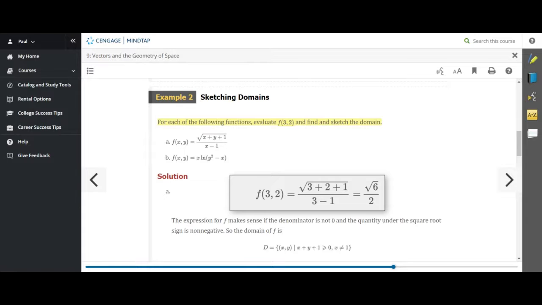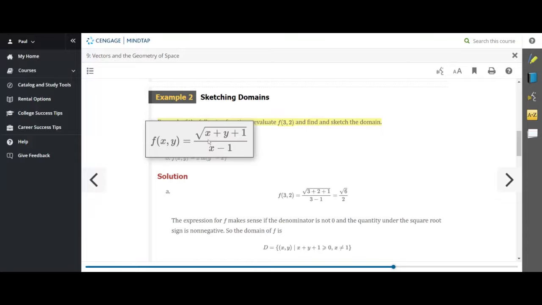Now, of course, we are interested in the domain of this function. So for this particular function, we know that in the denominator, there's a problem at x equals 1, right? Because we can't have 0 in the denominator, so x can't equal 1.